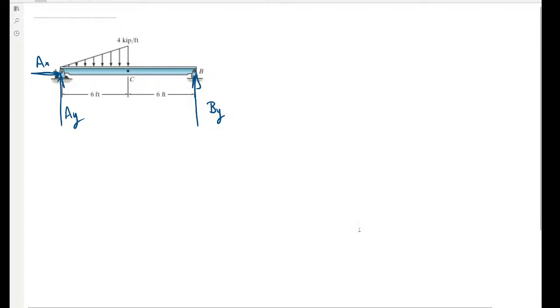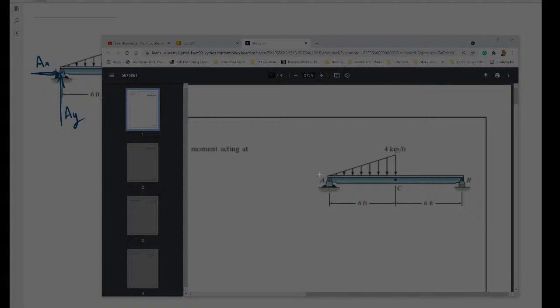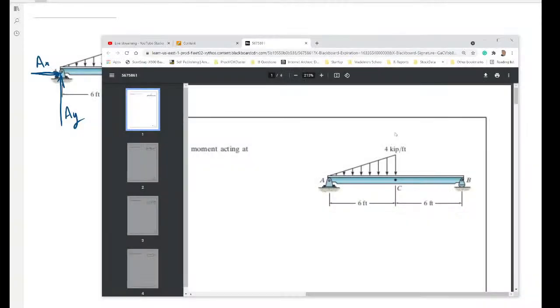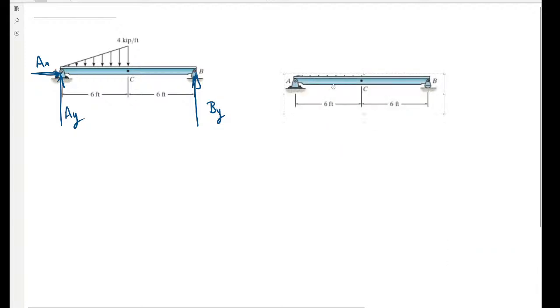By going back to the problem and doing another grab. This time I'm going to grab the top or the bottom of it. I'm going to paste it right over here.